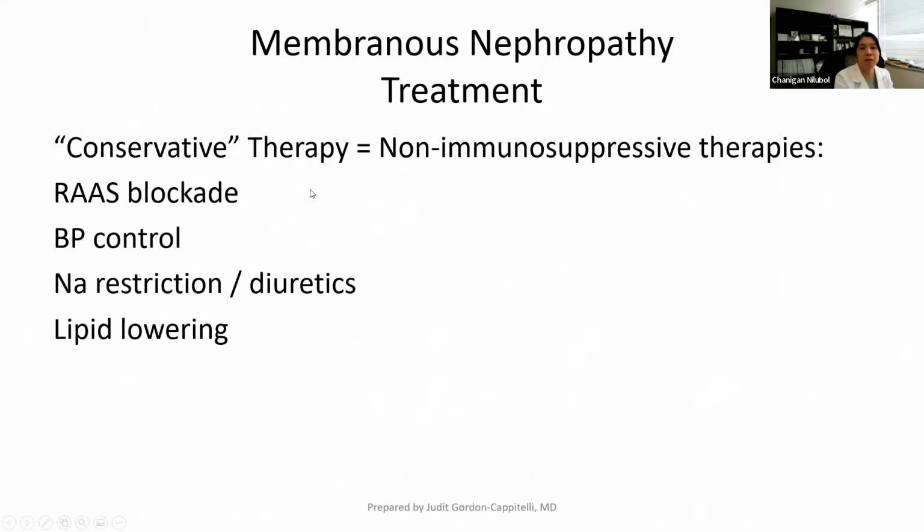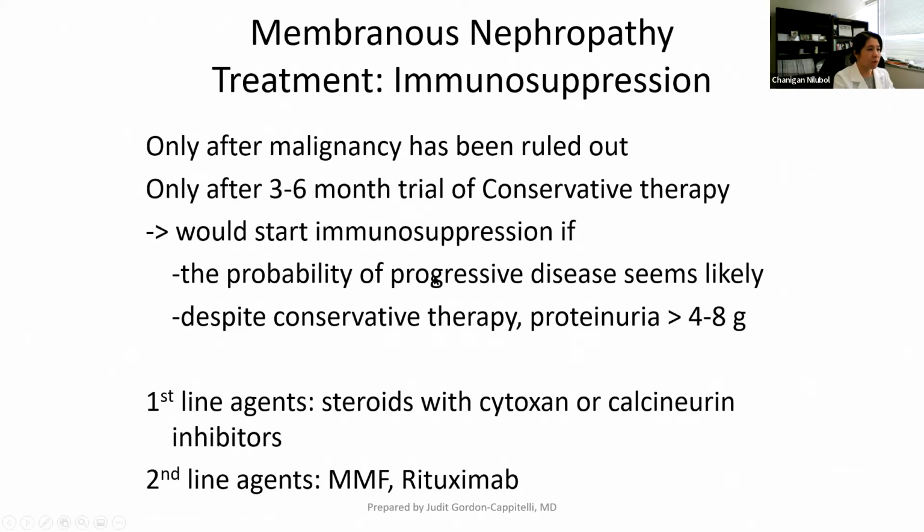The conservative therapy that we try to give everybody is RAS blockade, blood pressure control, salt restriction, diuretics, and also work on their cholesterol. So we put these patients on statin therapy while waiting for the disease to go into remission.